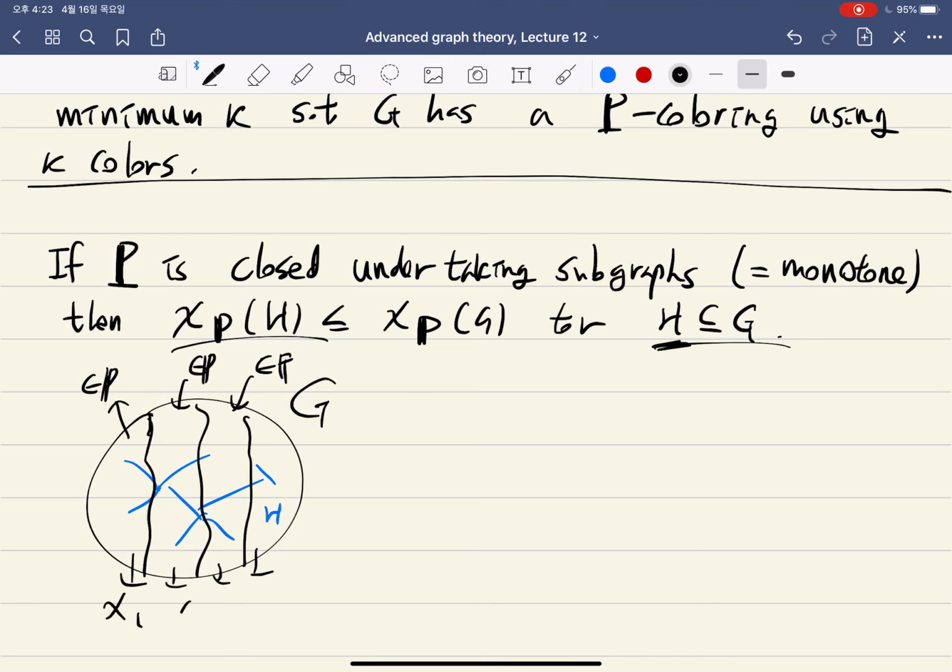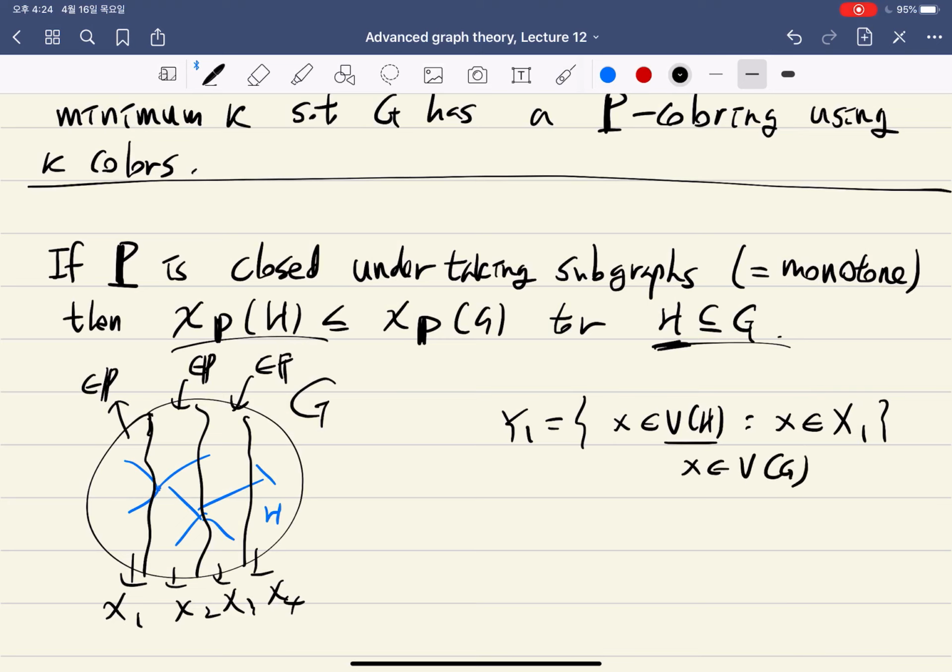So let's say this is x1, x2, x3, x4. Then for H, we take yi to be the vertices x that are in H and in xi. Being in V(H) means that x is indeed in V(G). So we can make this partition.